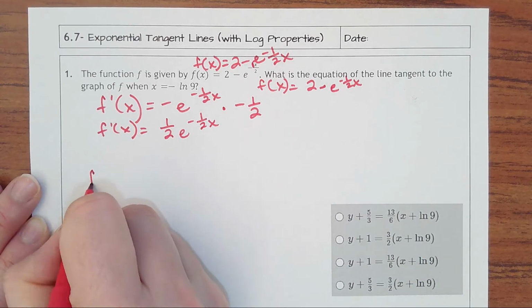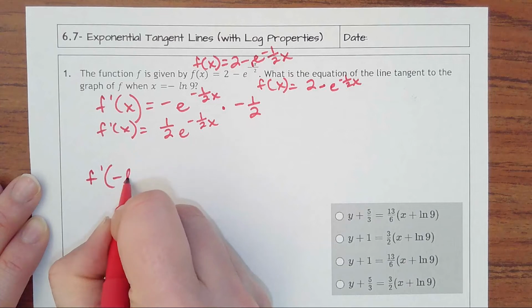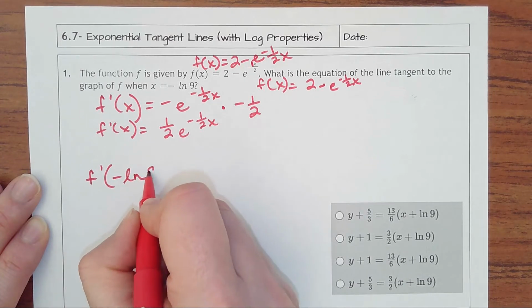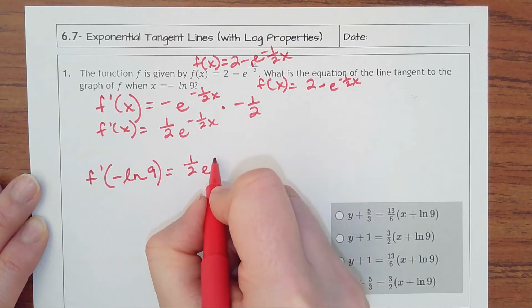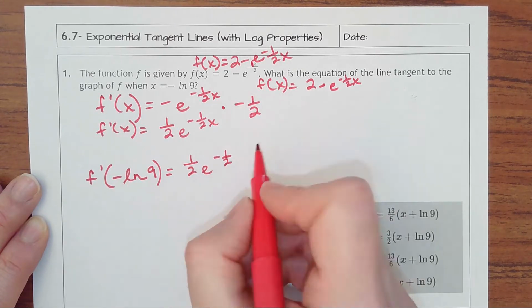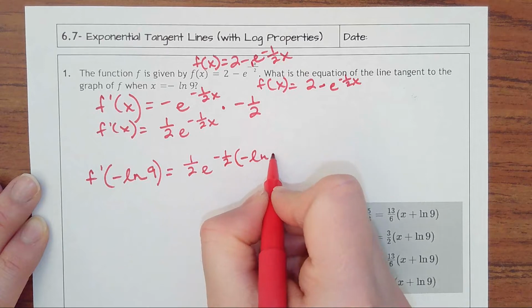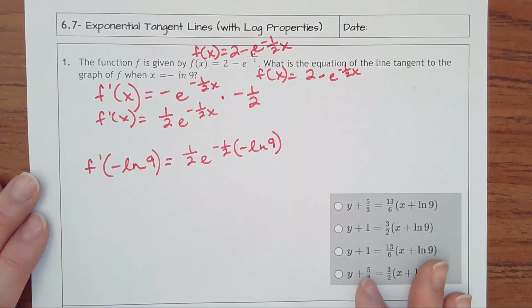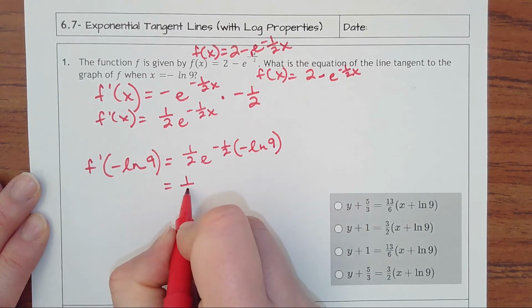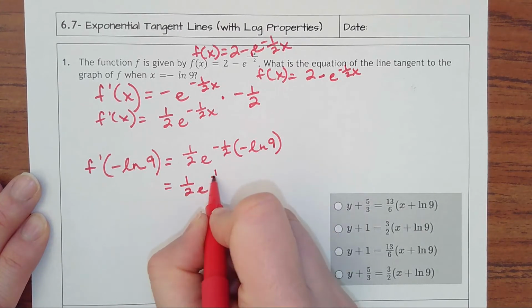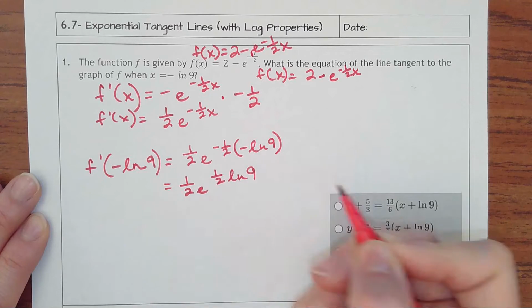Now I want to plug in negative natural log of 9. So I'll have 1/2 times e to the -1/2 times negative natural log of 9. I'm going to multiply here. So that would give me 1/2 times e to the positive 1/2 natural log of 9 power.